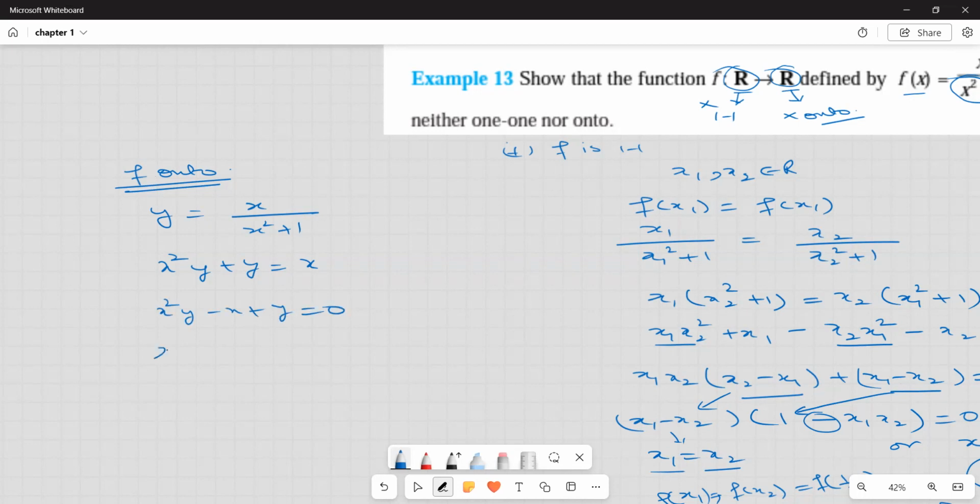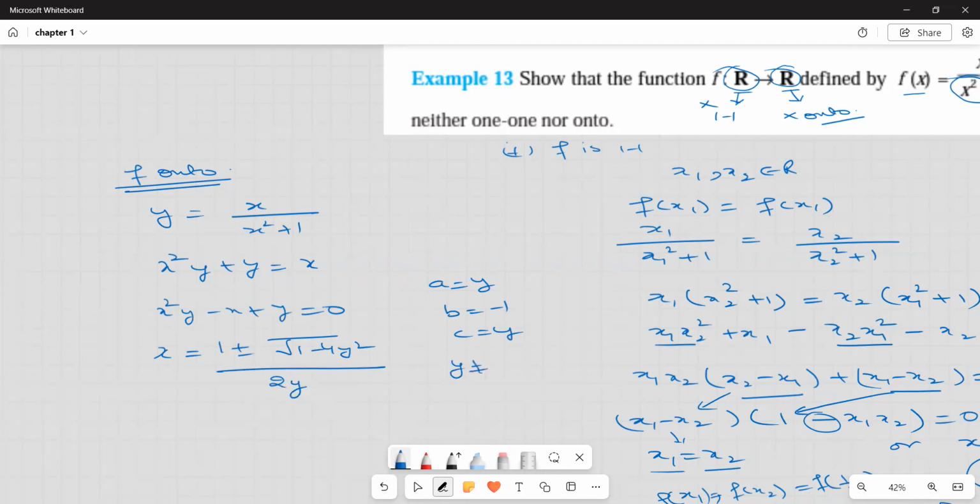So if I want to find x from here, there is another way also, but using the discriminant method, a is equal to y, b is equal to minus 1, c is equal to y. So x equals minus b, so 1 plus minus square root of b square minus 4ac, by 2a.